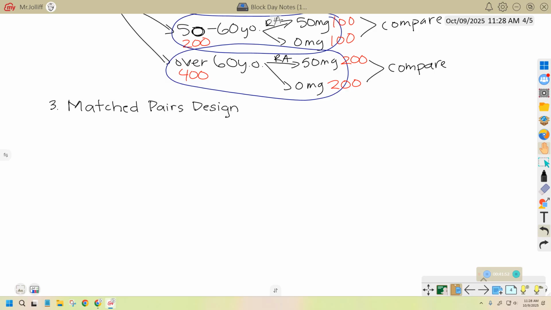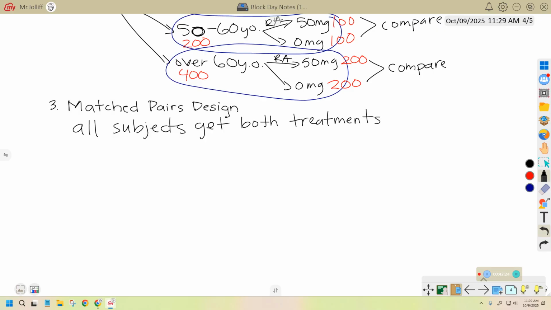Matched pairs design has 2 different variations. We're going to start with the most common, and then we'll look at the less common. For matched pairs design, all of the subjects get both treatments. And what should be percolating in your brain is, how do we make this random? Because I know to be a well-designed experiment, I have to use a random assignment somewhere.